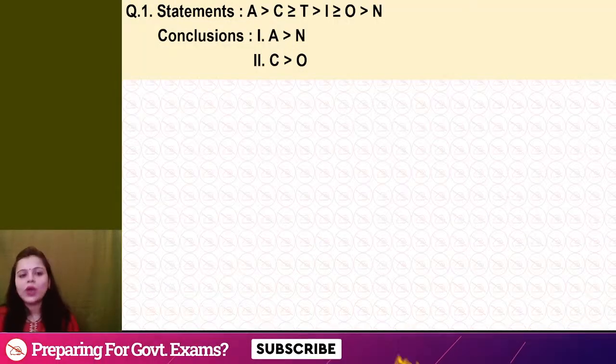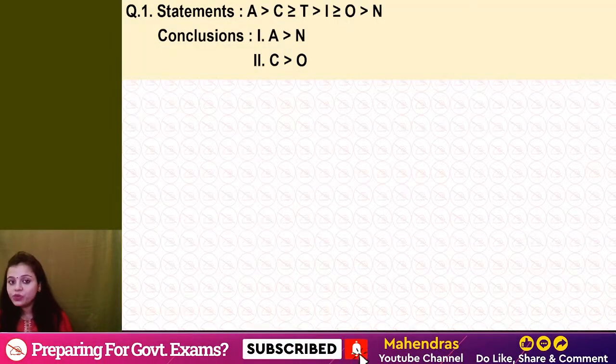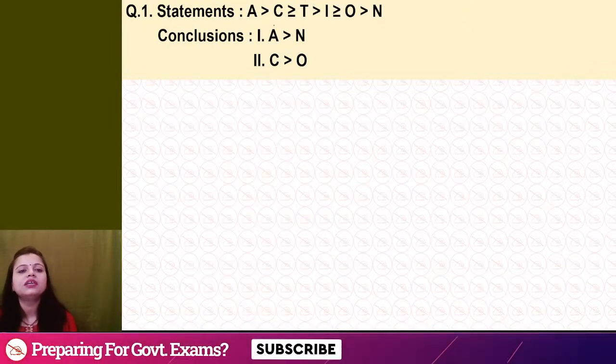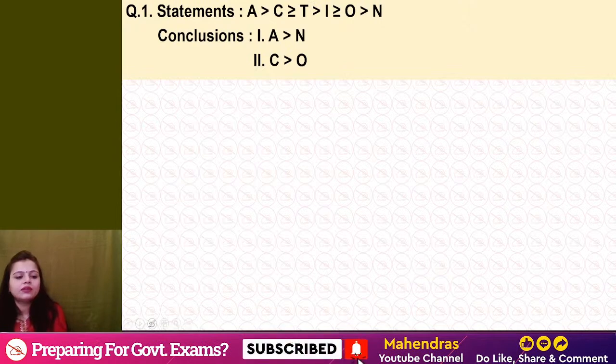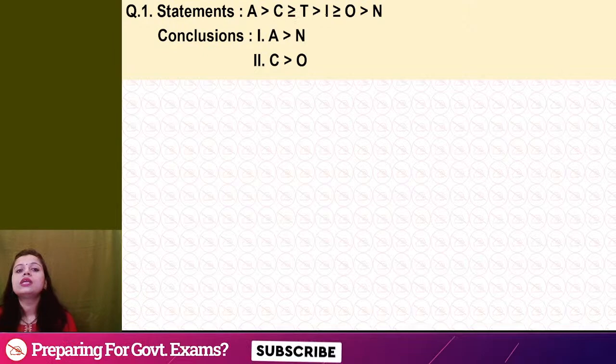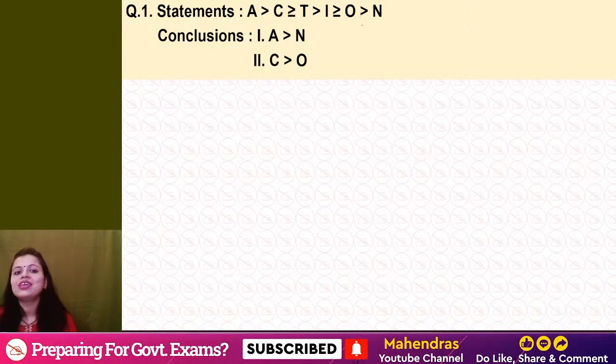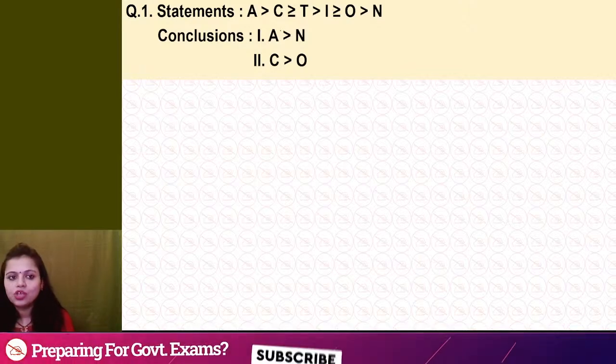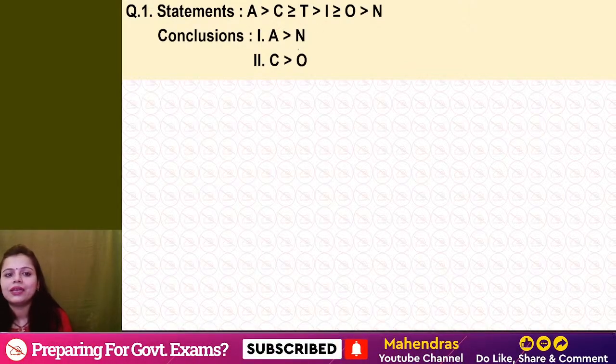Now the first question. What is the relation between A and N? See, the conclusion wants the relation between A and N. Greater, greater equal, greater, greater equal, and greater. So you will give the preference to the greater sign. So A is greater than N. Yes, first one is right.